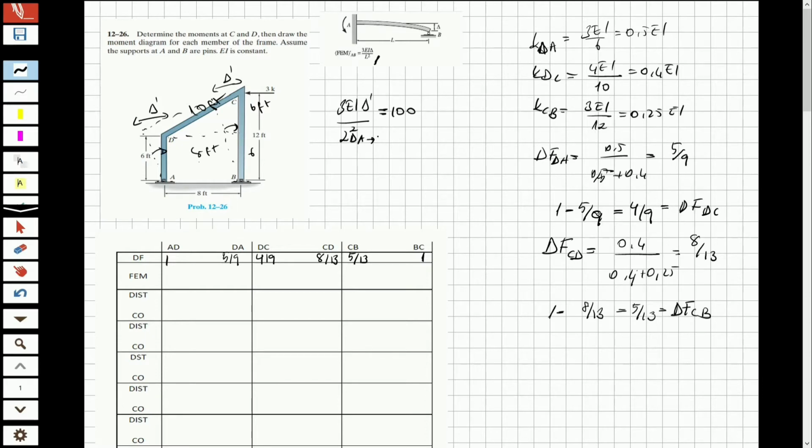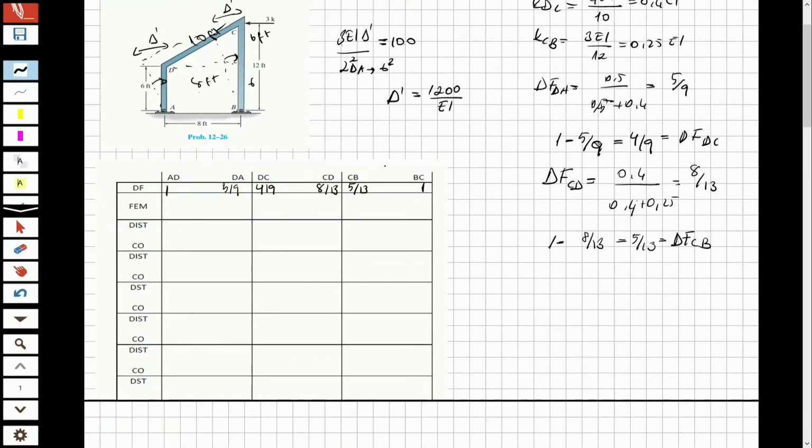This L is 6 square. When I multiply with 100 and divide it with 3, delta prime will be equal to 1200 over EI. Now I have my delta, so I'm going to write this formula for CB, and I'm going to put the delta prime in its own place and obtain its fixed end moment.